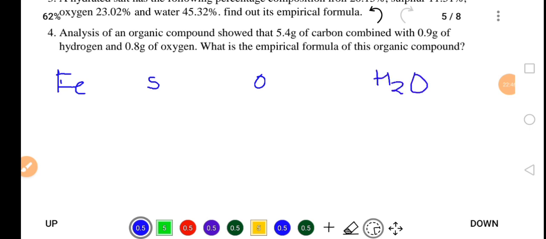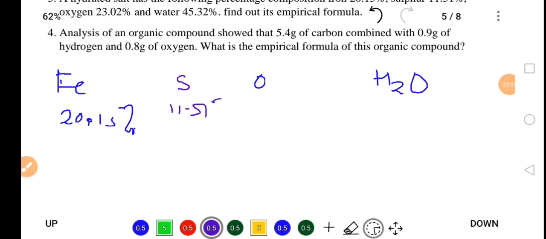The mass by percentage of iron is 20.15%, and that of sulfur is 11.51%.